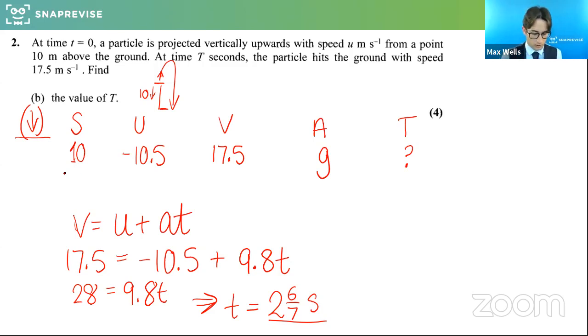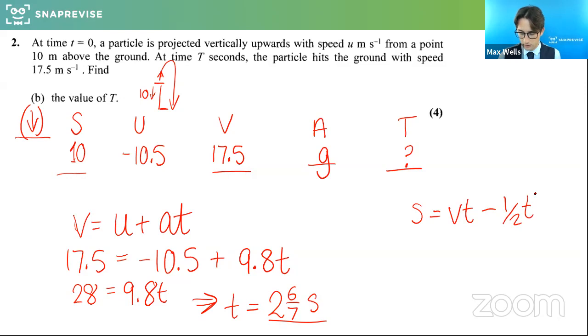You might go, I want to use S, V, A, and T. So the other SUVAT equation you could have used is this one, S equals VT minus a half AT squared. Some people did that. Or S equals UT plus a half AT squared. Good, you could have used that as well. We had options because we had all the other things.